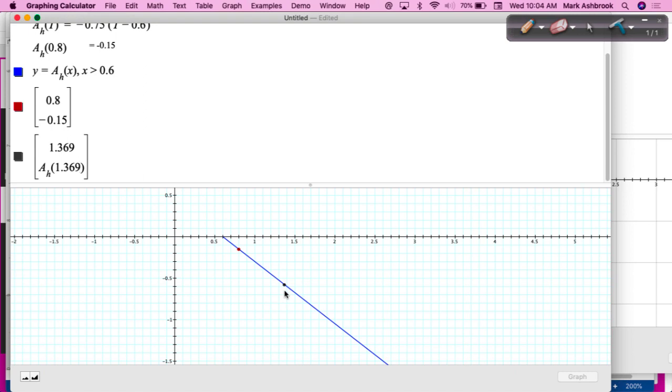What if I want to know the value of that? So notice that this was perfectly legitimate without ever calculating the value. We just let GC do it and then show us that point. Okay, what if I want to know the value? What do I do?